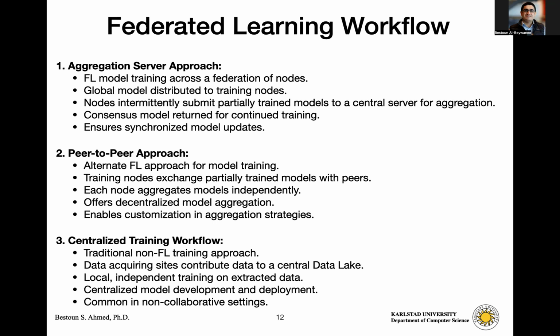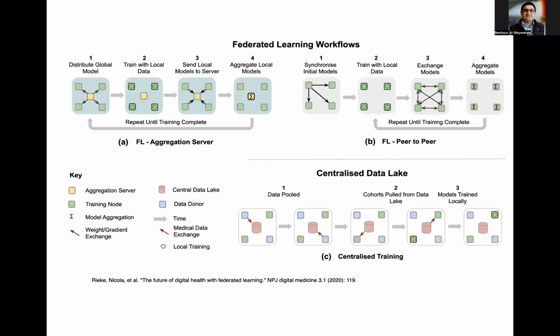The global model distributes to the nodes, they have partially trained models, and submit their models to the server, and then return, let's say, the models are returning the data for continuous learning, and when they return the data, the central model here, the yellow one, will aggregate and update the global model.